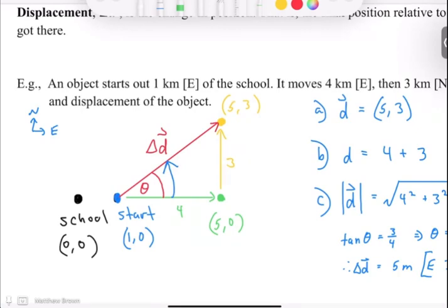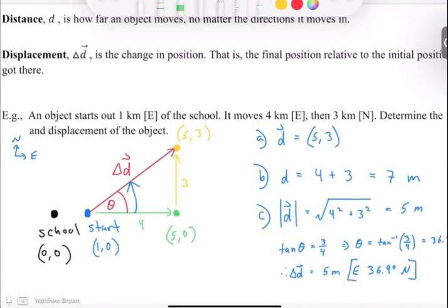So for that reason, when I'm reporting position, I feel I should report that position relative to what some origin is, and in that sense I would take that as something that's been provided for me. It doesn't state explicitly in this question to report the position relative to the school. If that was on a test or quiz, that's absolutely something you can ask me or any teacher: do you want the position relative to the school? Because it doesn't state that here explicitly.